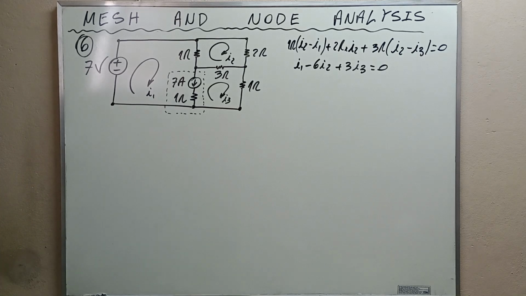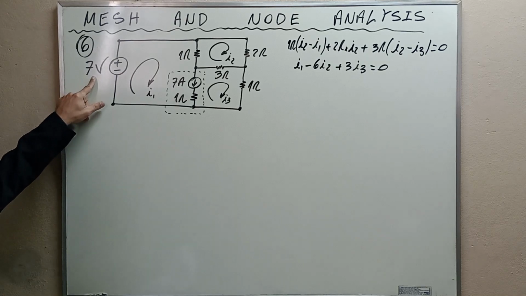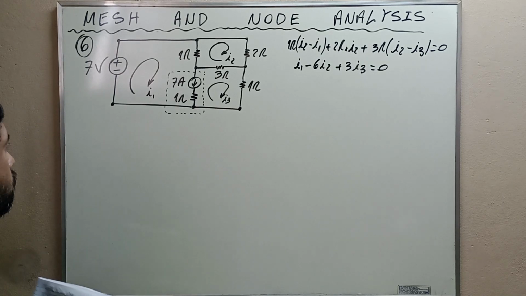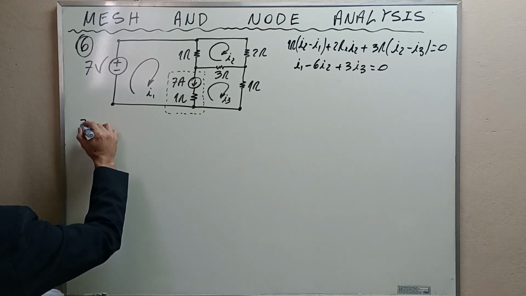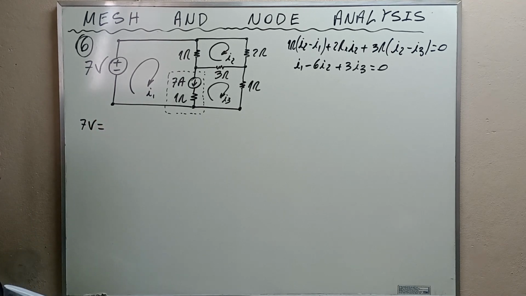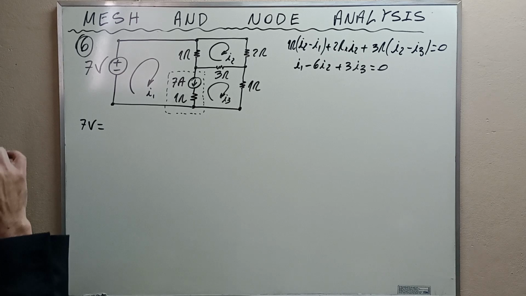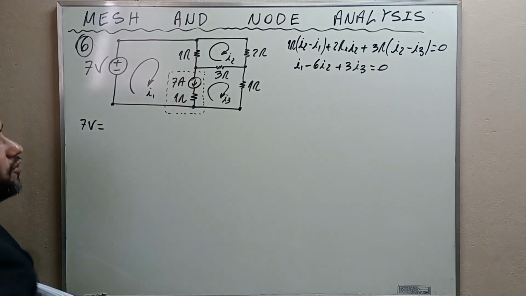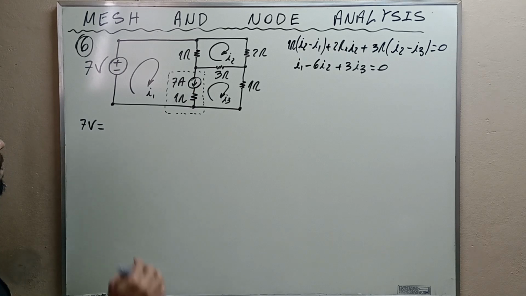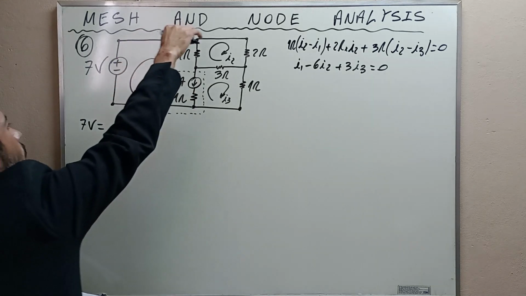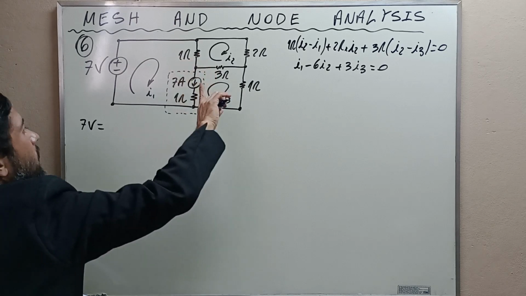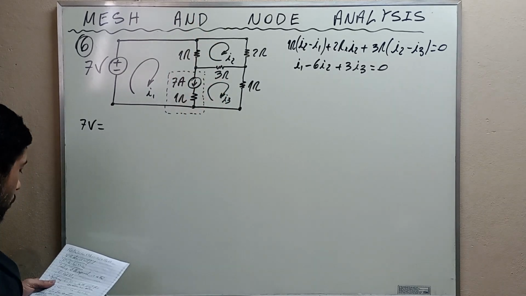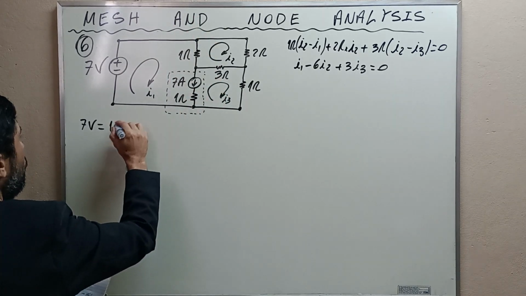Okay, if we inspect, let's begin with this voltage source. 7 volts is equal to, let's see this resistor here. I1 goes downward and I2 goes upward. Then it is 1 ohm.